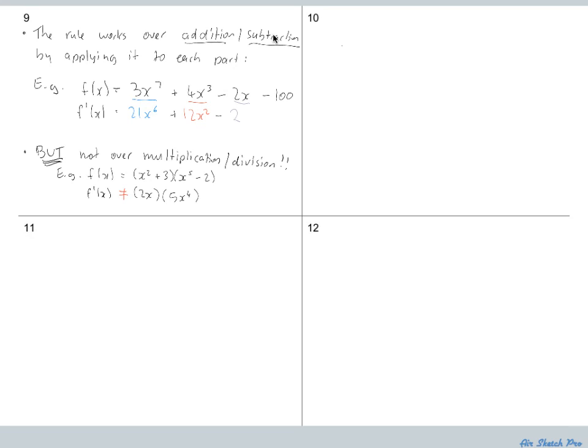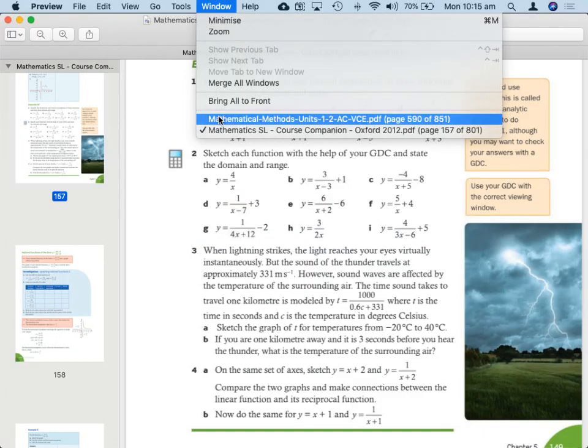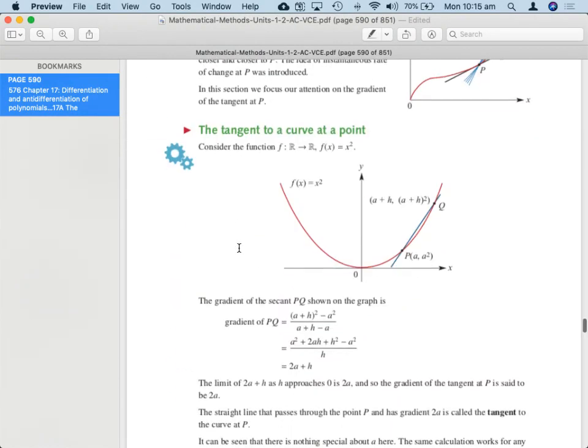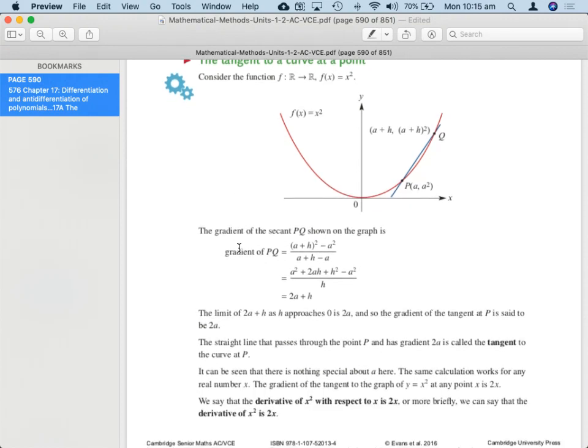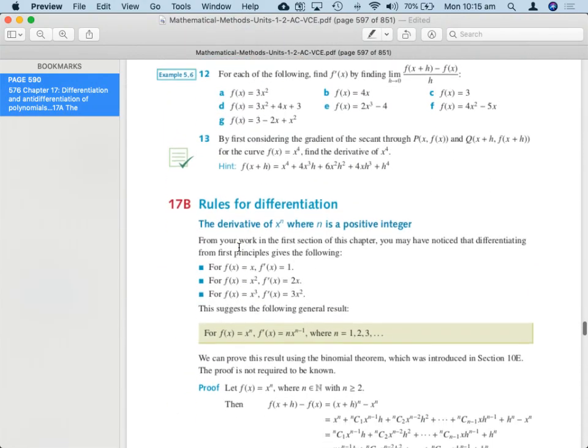For the rest of this lesson, so for the next 20 minutes or so, I want you to go to your textbook, and I want you to go to page 589, which looks a little bit like this.